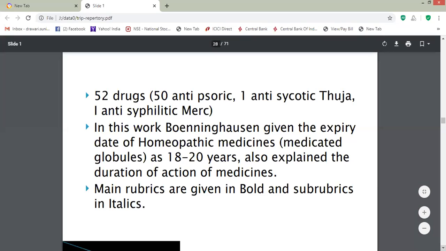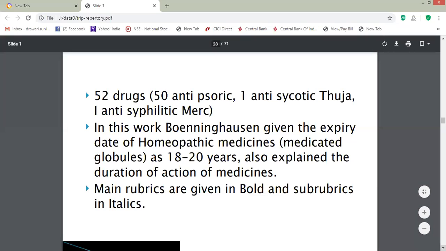So this was also a unique work of Dr. Boenninghausen, that he gave the duration of action of medicine, and he also introduced for the first time the relationship of remedies to homeopathy. To give this new concept, that is the relationship of remedy, was also a very important concept, and this was first introduced by Dr. Boenninghausen.